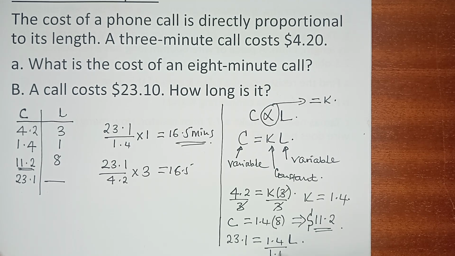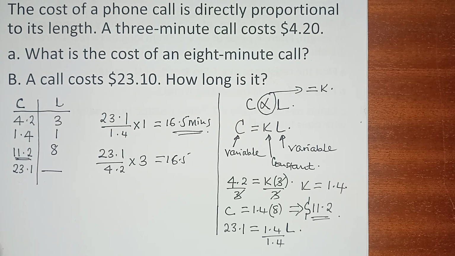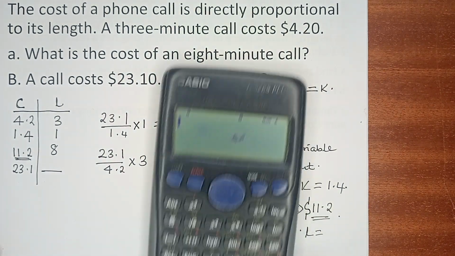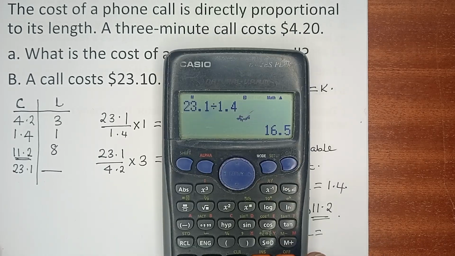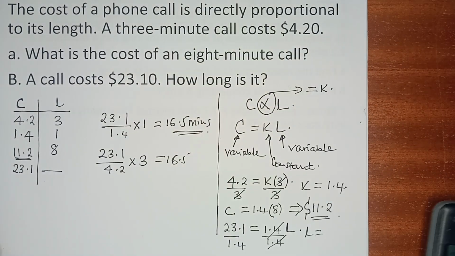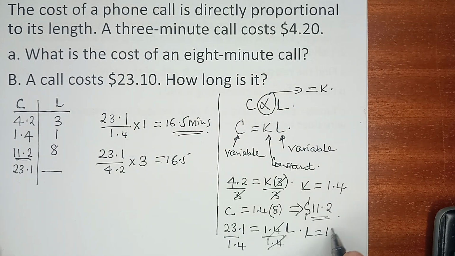Divide both sides by 1.4, and you find that L is 23.1 divided by 1.4, which is 16.5, as you can see. So the length is 16.5, of course, minutes.